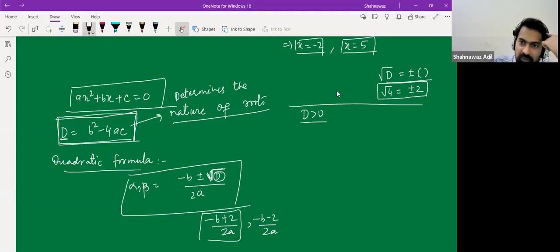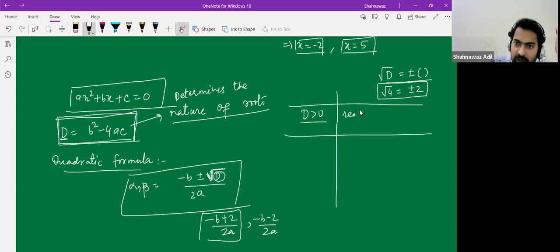Understood, Shaima? Yes, sir. So if D is greater than 0, the roots will be real and equal or unequal? Unequal. Yeah.